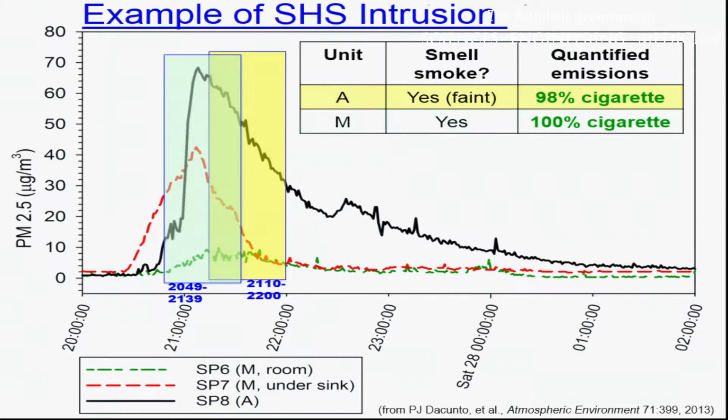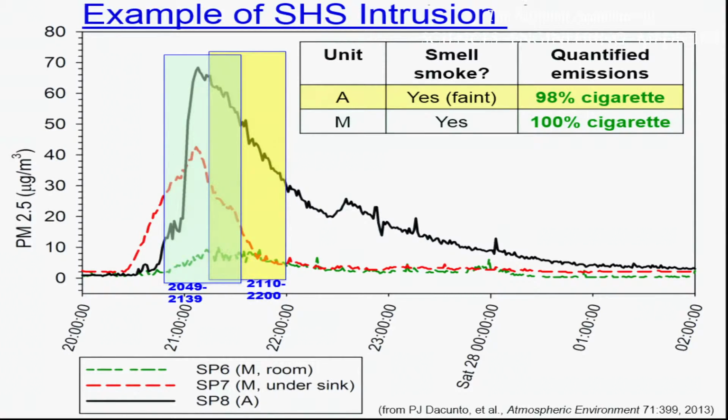And so chemical characterization was done on the particulate matter collected, using chemical mass balance approaches. We showed that 98 to 100% of what that elevated PM2.5 was due to secondhand smoke.